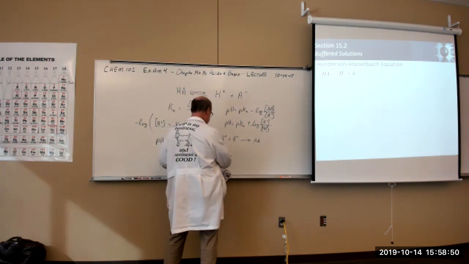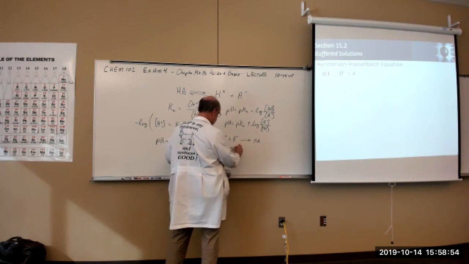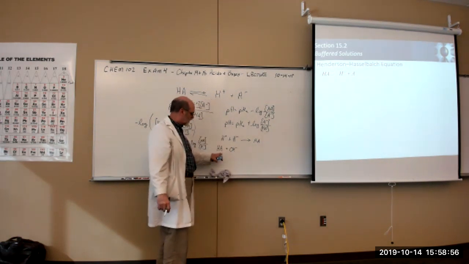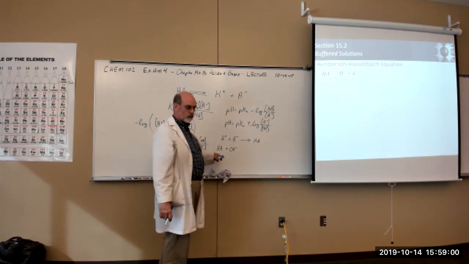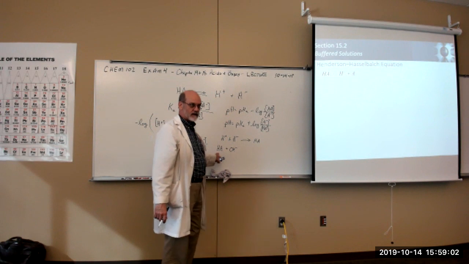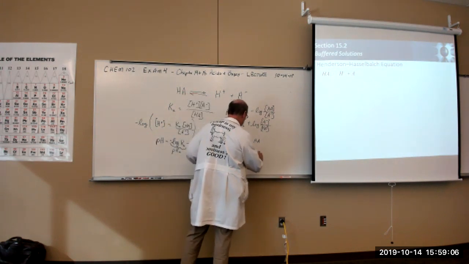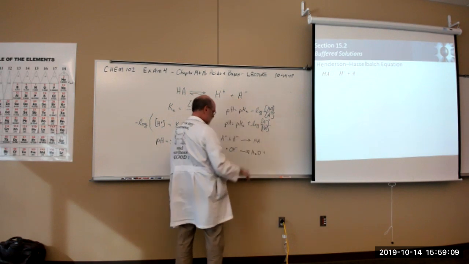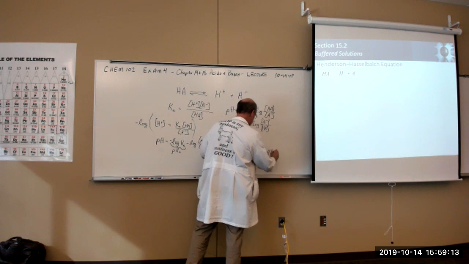But if you have a base, the hydroxyl is a stronger base than the HA is an acid. It really will latch onto that hydrogen ion. So it takes the hydrogen ion, it makes water, which takes it out of the equation, but it also leaves behind A minus.